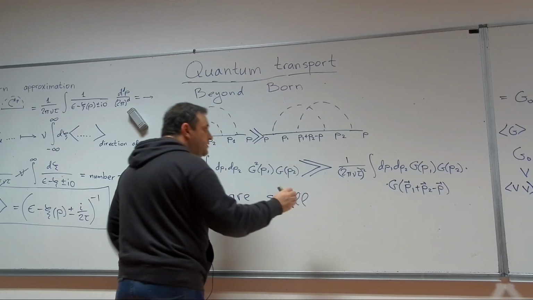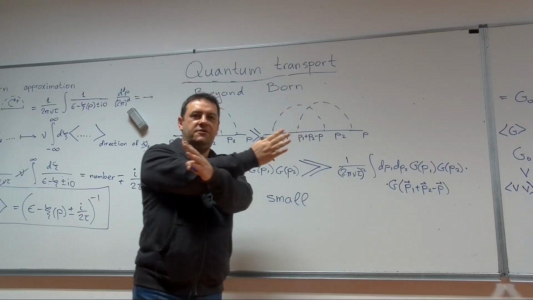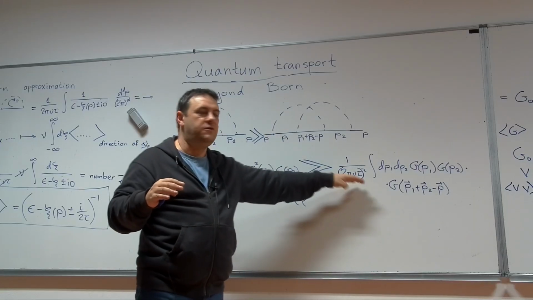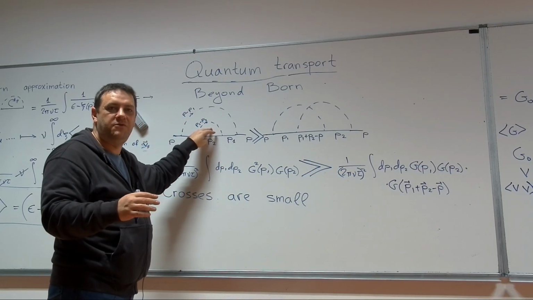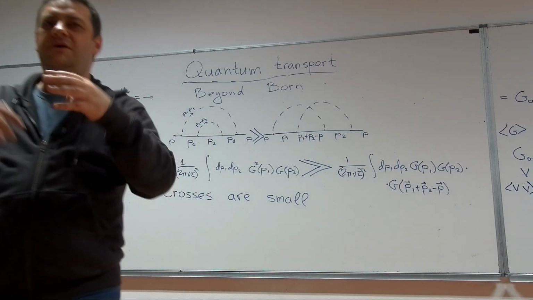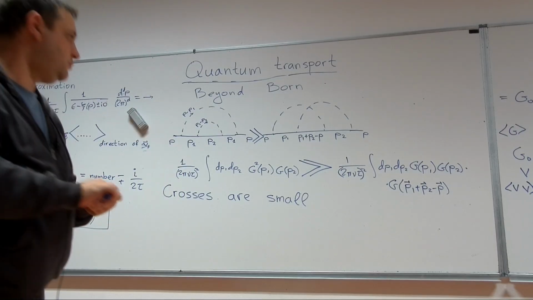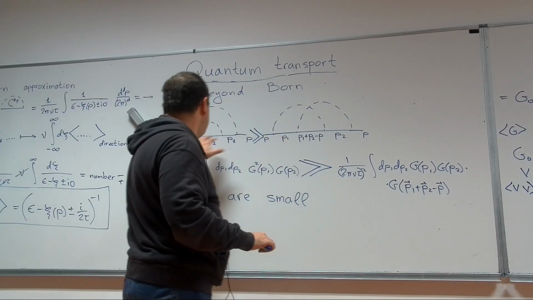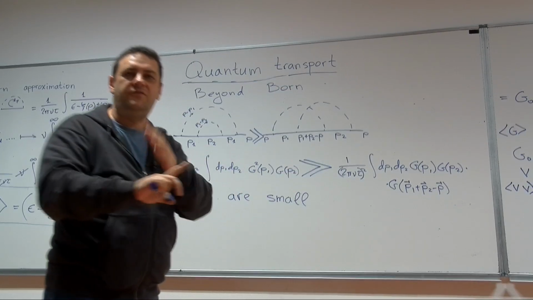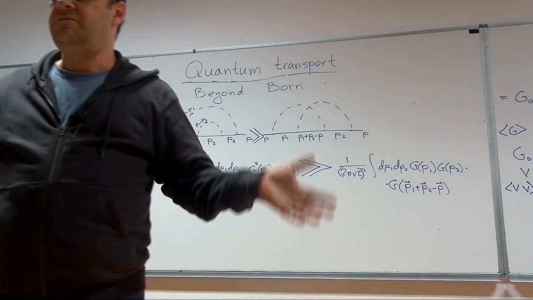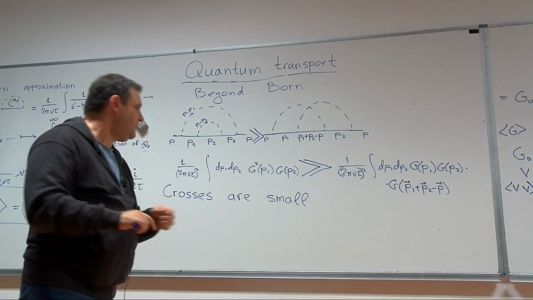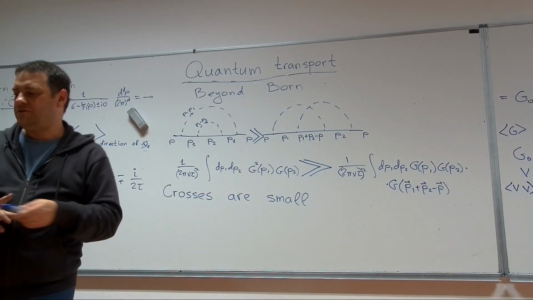Whenever you have two dashed lines that cross each other, like here, you get something smaller than if you do the same without crossing. Each crossing of dashed lines makes the diagram smaller. So this one is smaller than that one. For other diagrams with more lines, it's the same. Whenever you have an extra cross, each crossing multiplies the diagram by some small number.